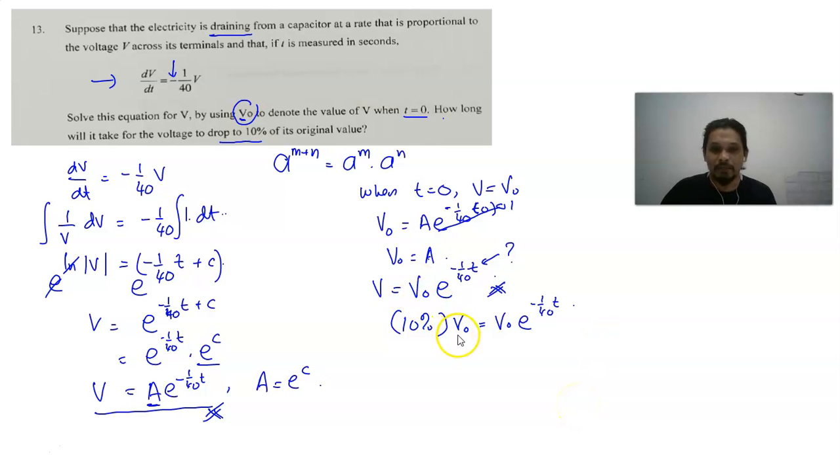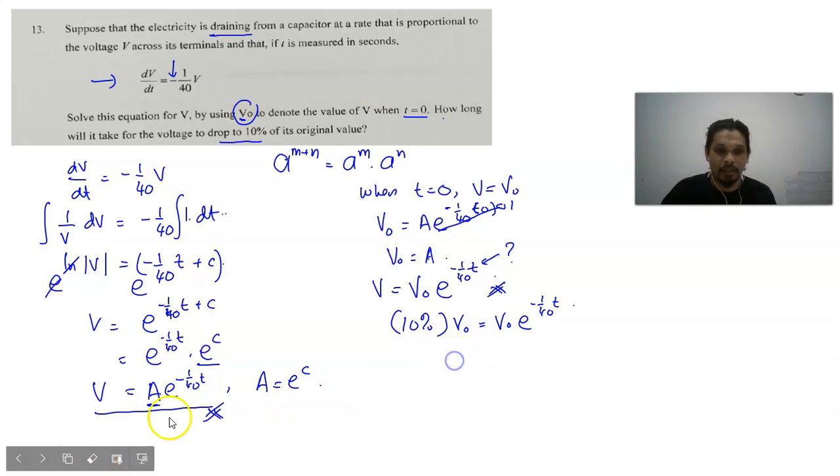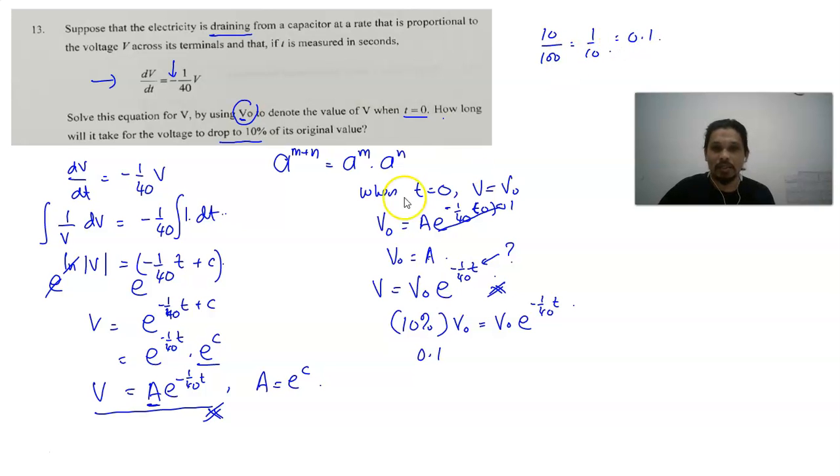Okay, divide by V0 left and right. So then 10%, I note as 0.1, or 10 over 100, or 1 over 10. Okay, you may write down either one here.